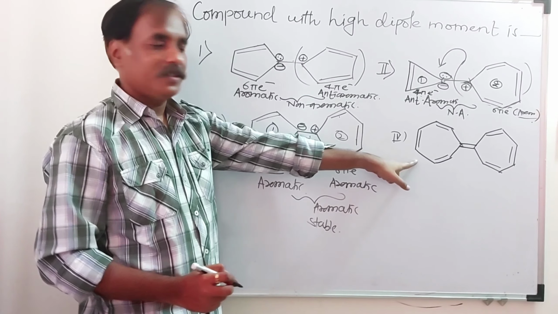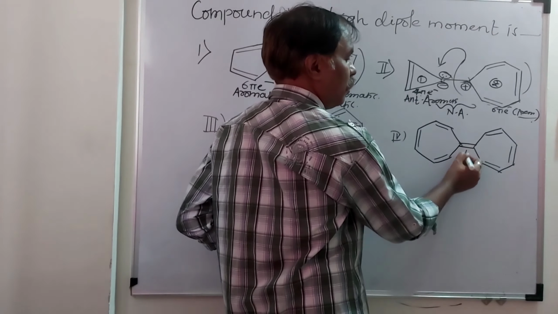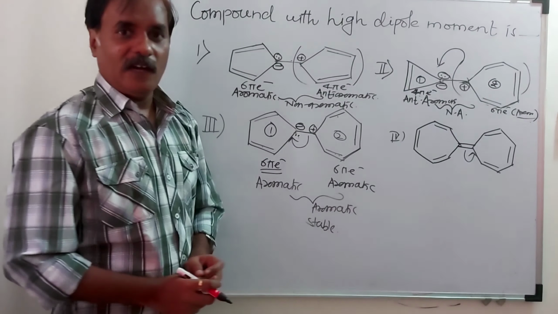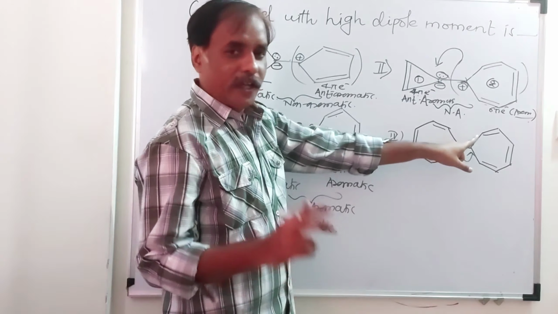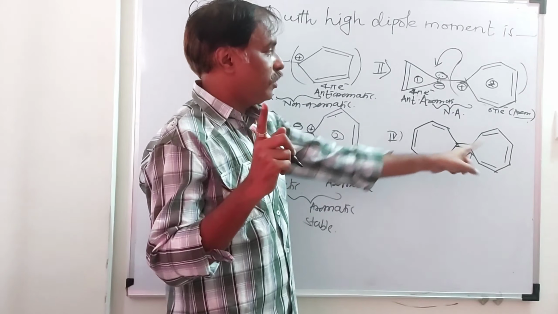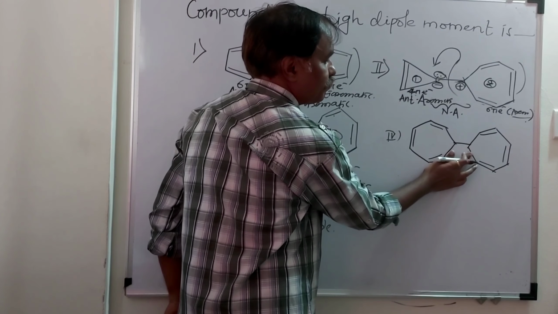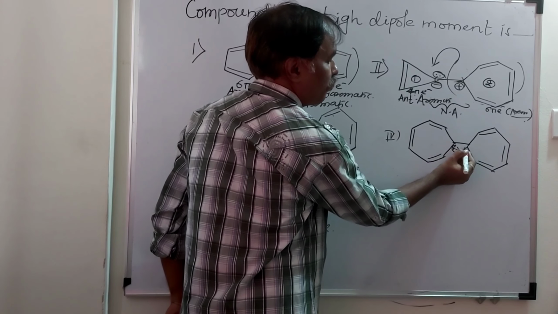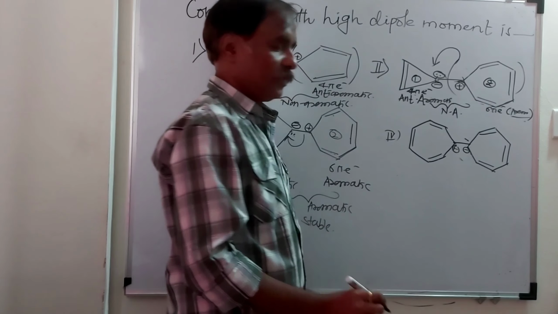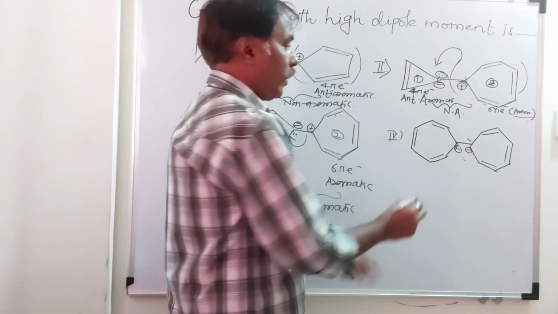Now fourth, this is symmetrical. Here again there is only one possibility, because two same rings are there. This carbon is the electron donor, this carbon is the electron acceptor, with a negative charge and 2 electrons. Now take ring number 1.